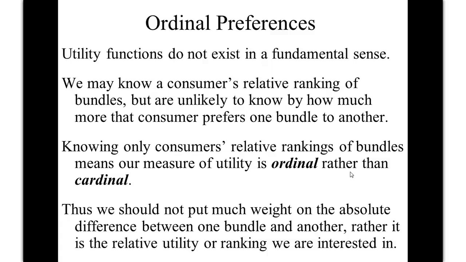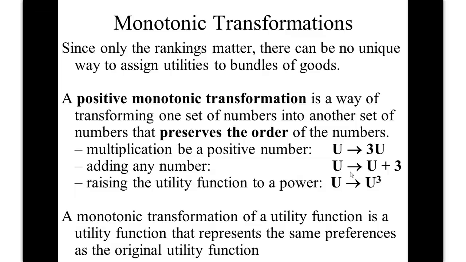So can the consumer rank or order separate bundles of goods? Since the order is all that matters, it means that there's no single utility function, whereas a firm has a single profit function. If it makes more, this is what will happen to it.